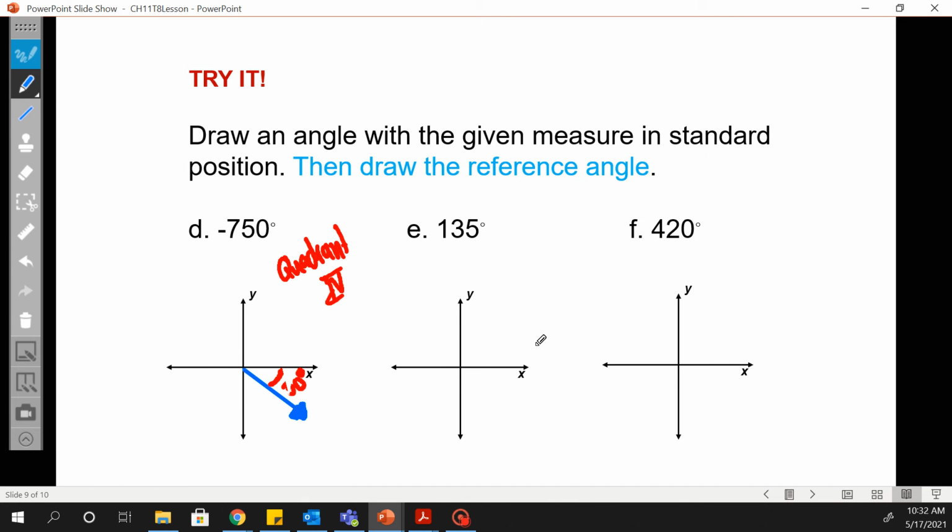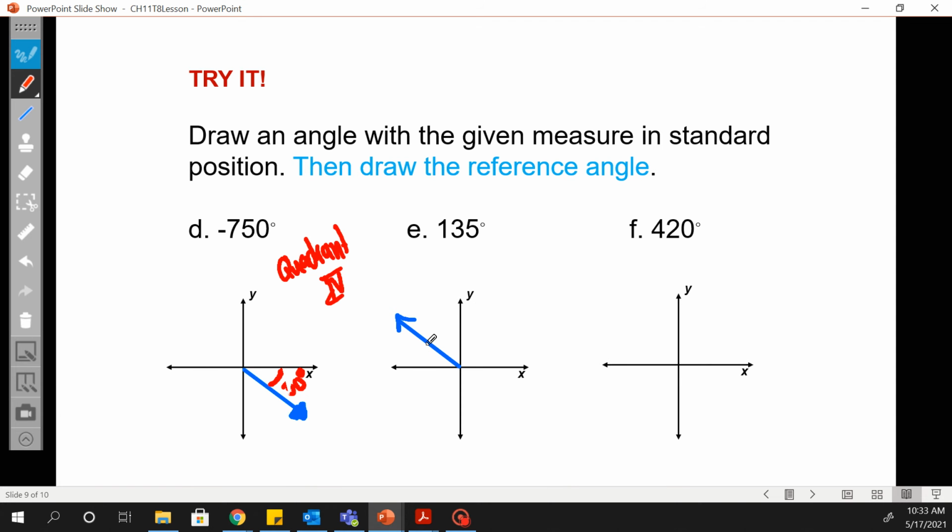135 degrees, okay, so that's between 90 and 180. So it's right there, 135 degrees. And it's a 45-degree angle between these.